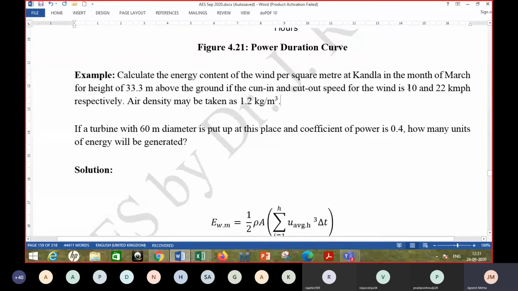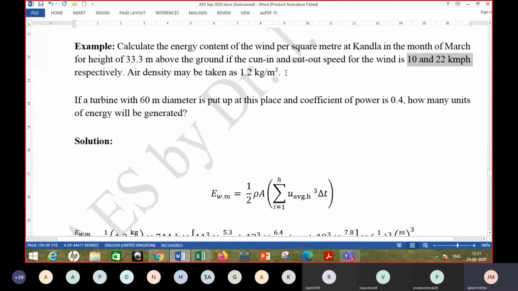Okay, so you are going to use only those 6 values, and what you are trying to find is how much was the power, or rather energy, in the wind for the month of March if you are going to operate your turbine between these two velocity ranges. The air density may be taken as 1.2 kg per meter cube.